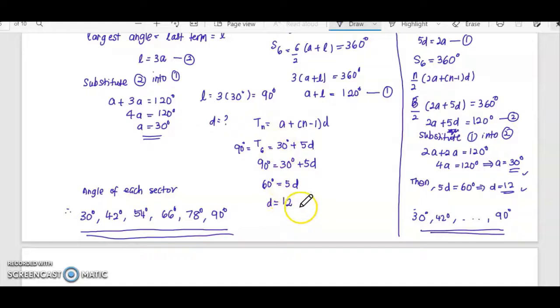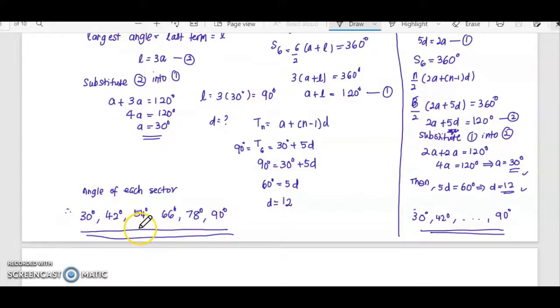So once we get the value for D, we just add on from the previous term to the next term. The first term is 30, so 30 plus 12 will be 42, and then 54, and then plus 12, 66, plus 12, 78, and then plus 12, 90 degrees. So these are the angles of each sector.